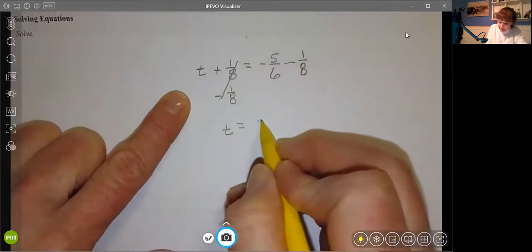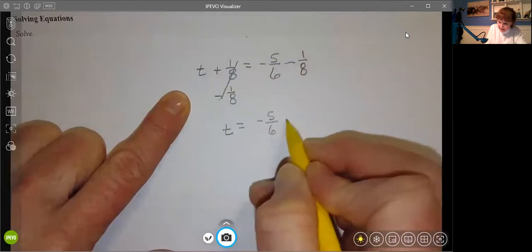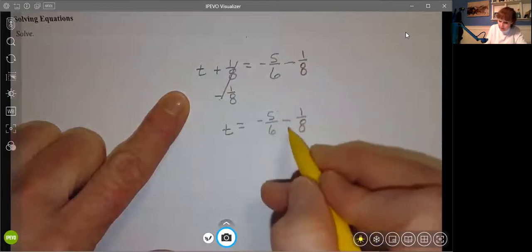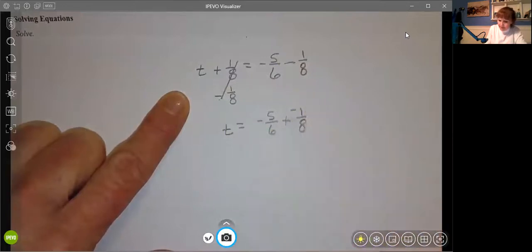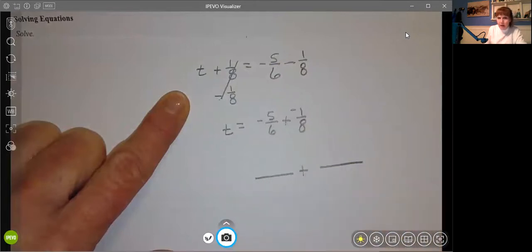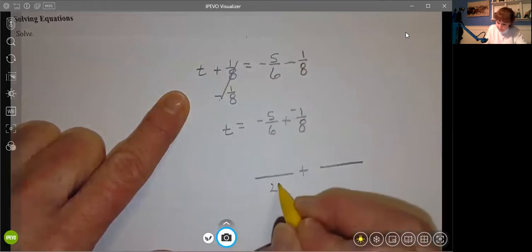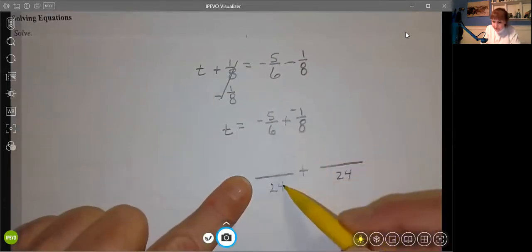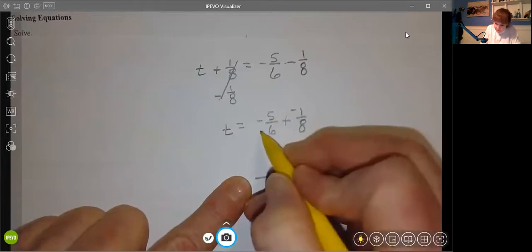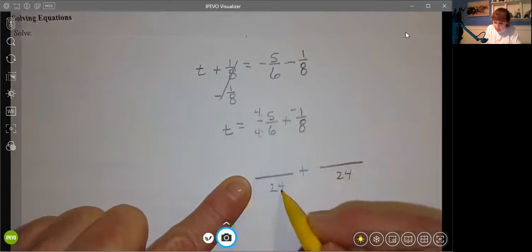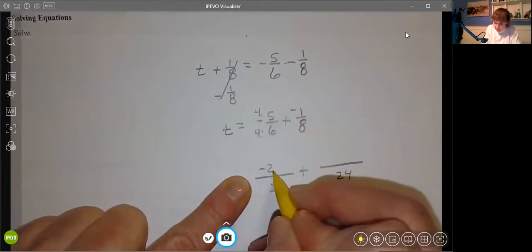t equals negative 5/6 minus 1/8. This right here is plus a negative. You get a common denominator. What do 6 and 8 both go into? 24. I guess knowing your multiplication tables helps a little bit. To go from 6 to 24, you multiply by 4. So you get 24, negative 20.